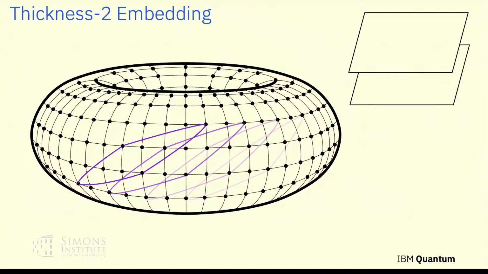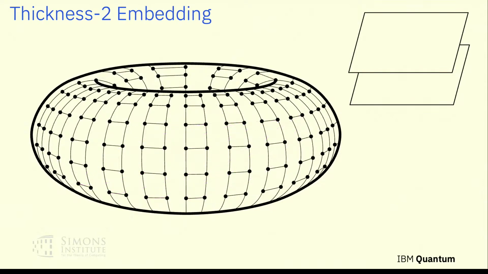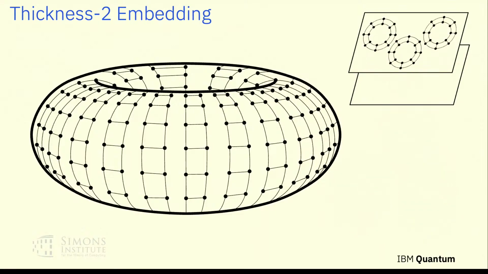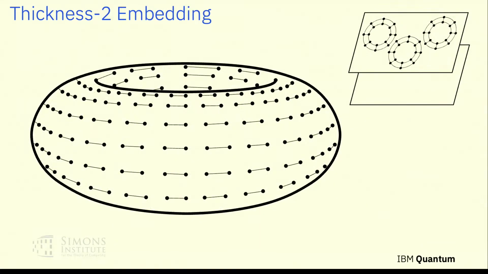So here is the Tanner graph drawn on the torus as earlier. If we look at some subset of edges, these cycles, then these are just wheel graphs like this, and it's some collection of these. It's more than 3, but I've drawn 3. This graph is obviously planar, so we can put that graph into layer number 1. To look at layer number 2, we have to look at the remaining edges, the edges that we did not put into layer 1.